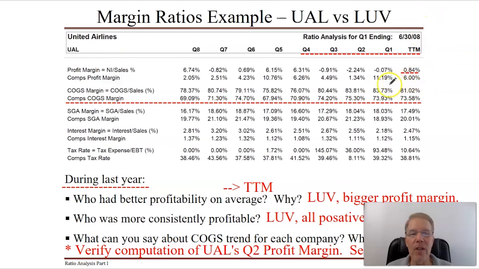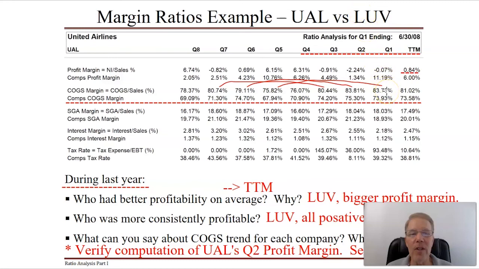Remember, we have to compare what's going on year over year, because the COGS is going to go up and down somewhat with sales for these companies. So let's compare this to Q5, and this to Q6, and this to Q7, and so on. You get the idea.